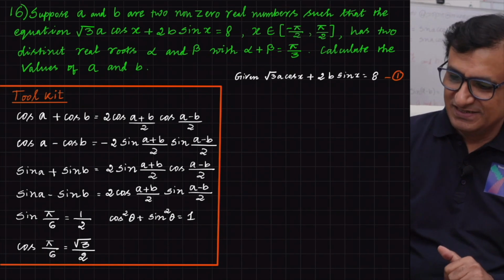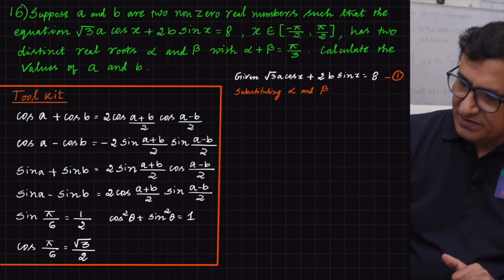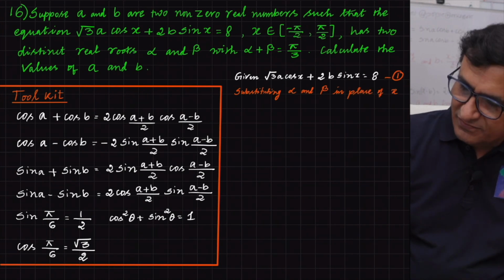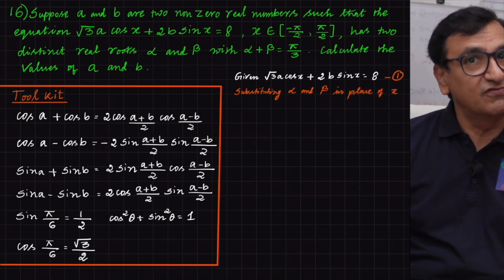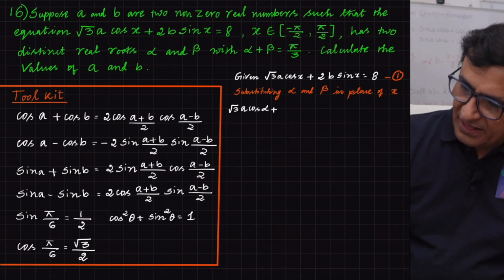Let's do it. Substituting alpha and beta in place of x. First, let's substitute alpha for x. So you get square root of 3 a cos alpha plus 2b sin alpha equals 8.